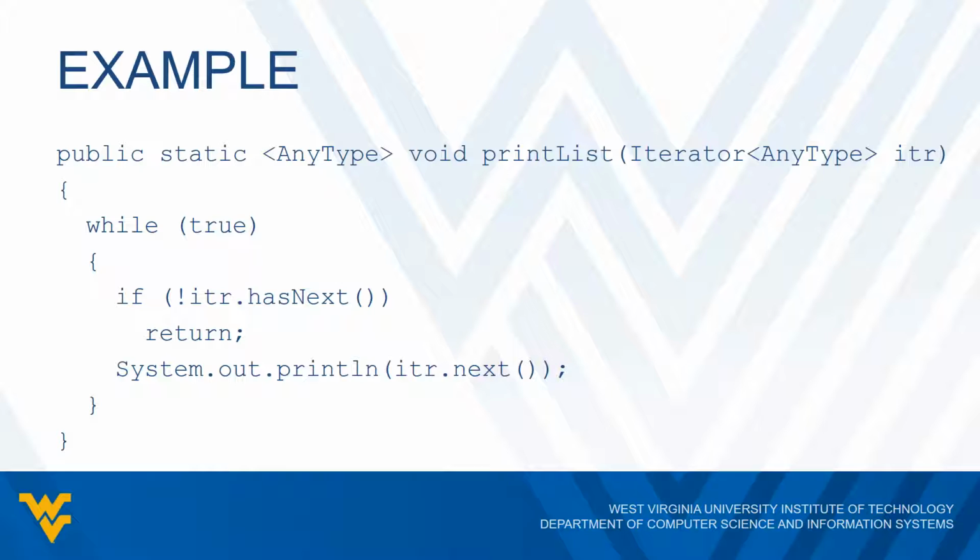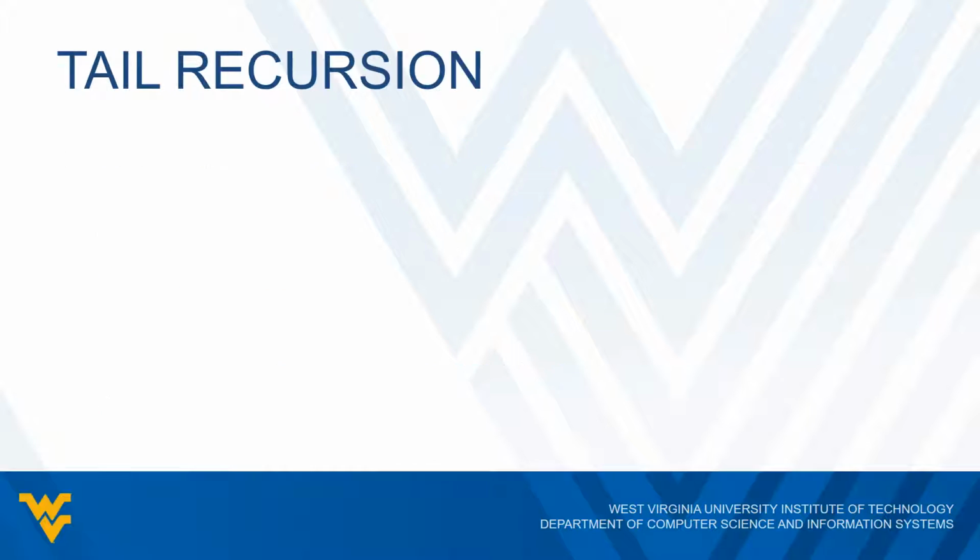But whenever we get to the end of the list and itr.hasNext is false, so in this case, if not itr.hasNext is true, we're going to return, which means we completely get out of the while loop, we get out of the method, and we say that we're done. We can do this with a single method call, and we didn't need to use tail recursion.